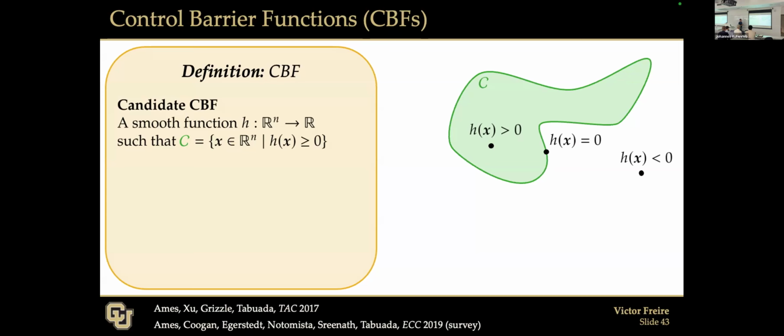The first part, I call the candidate CBF part of the definition. It's essentially the same conditions on the set that Nagumo had in his theorem. It's saying you have a function h that is continuously differentiable, and your set C is defined by that function. It's positive inside, negative outside, 0 at the boundary.